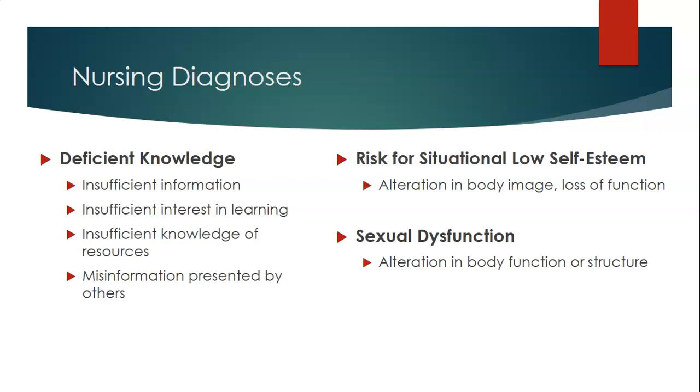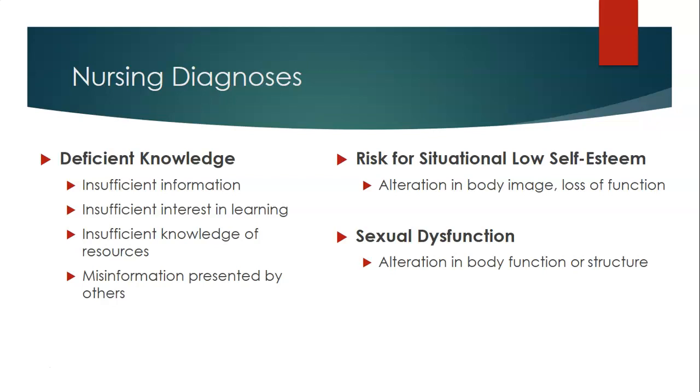Other diagnoses: risk for situational low self-esteem, related to alteration in body image or loss of function. That might be a big one. Just having the ability to go in the bathroom and pee, we take it for granted, but when you can't, or when you have to self-cath, or when you have a catheter bag, or you are incontinent, anything like that can absolutely impact somebody's low self-esteem.